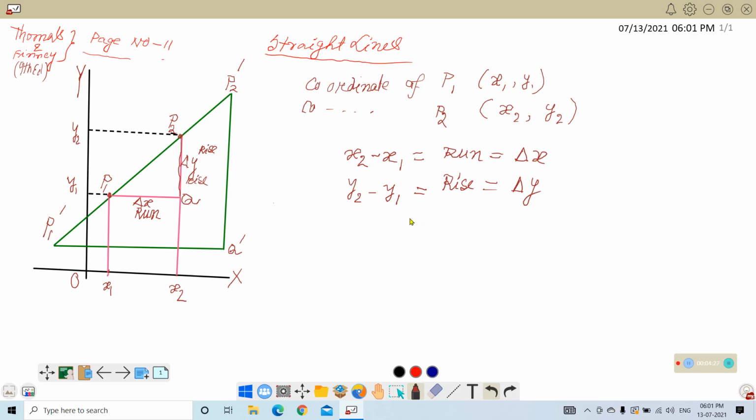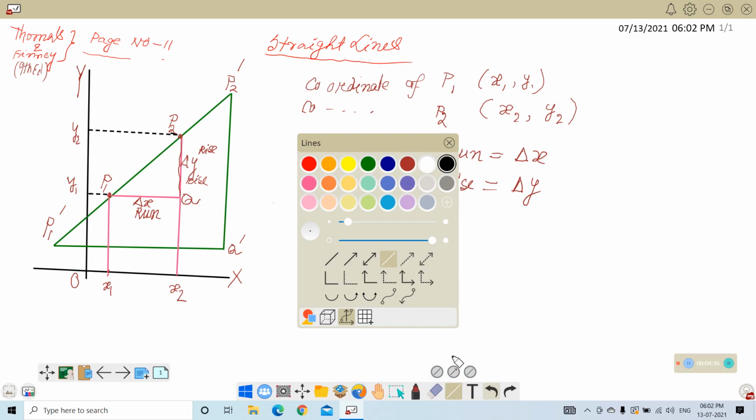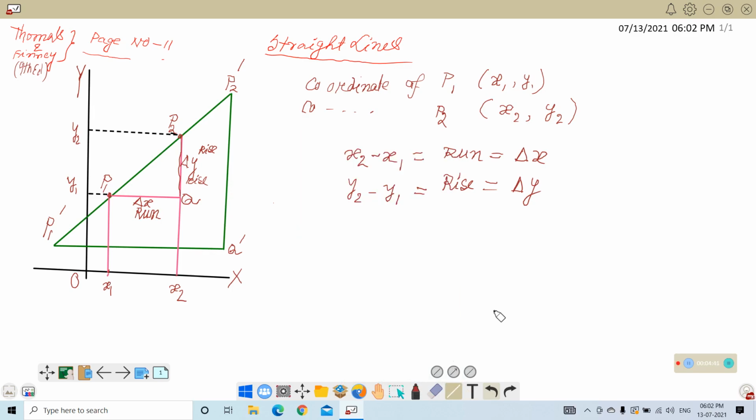Now, to discuss the non-vertical line, vertical line and horizontal line, very briefly, I am drawing another coordinate system. If we take a line like this, it is a non-vertical line, number one.